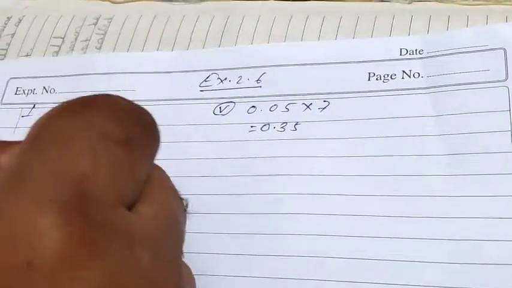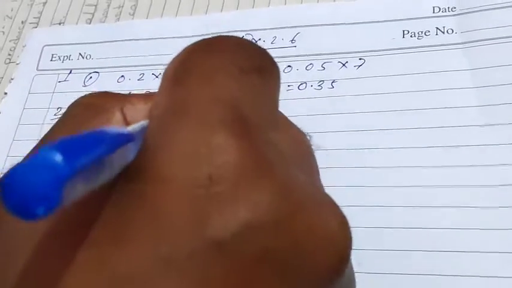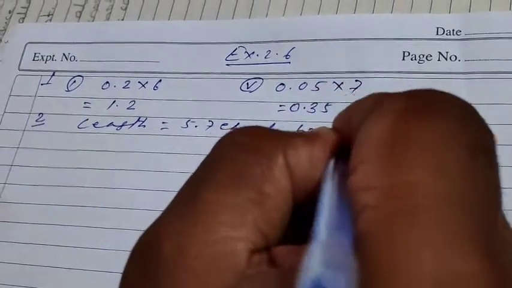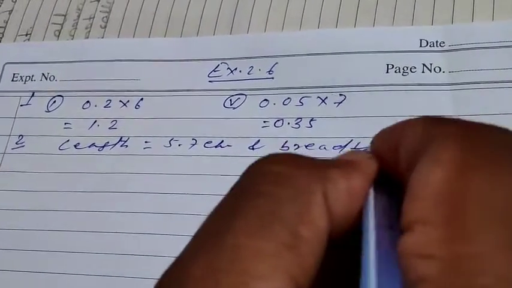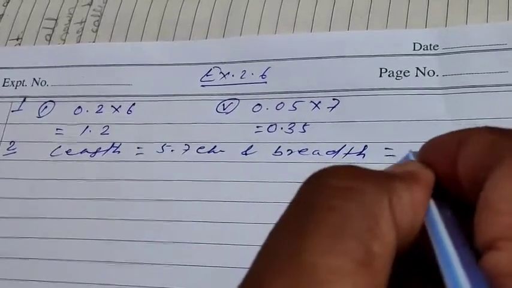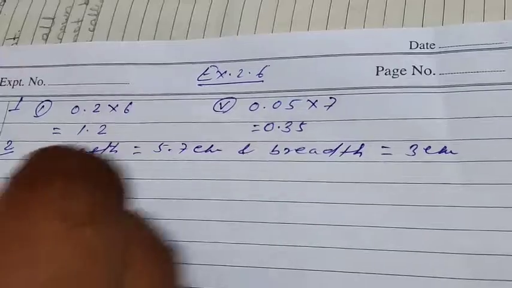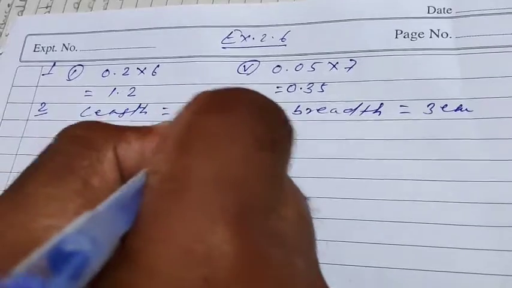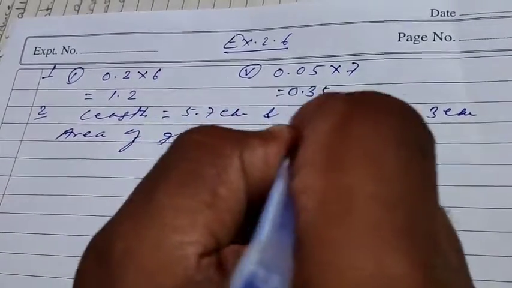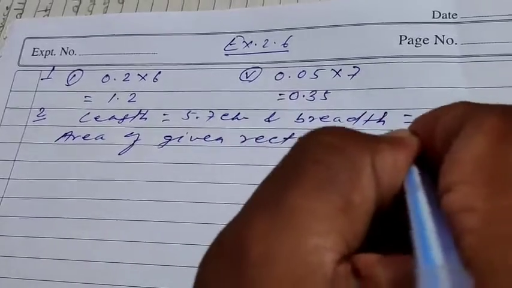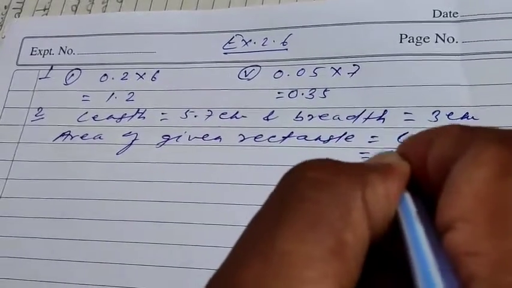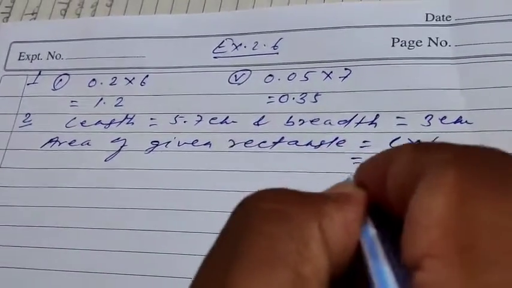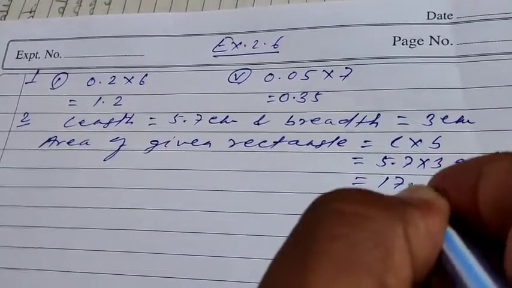Length is equal to 5.7 cm, breadth is equal to 3 cm, and therefore the area of the given rectangle is equal to L into B. It means 5.7 into 3 cm square, and this equals 17.1 cm square.